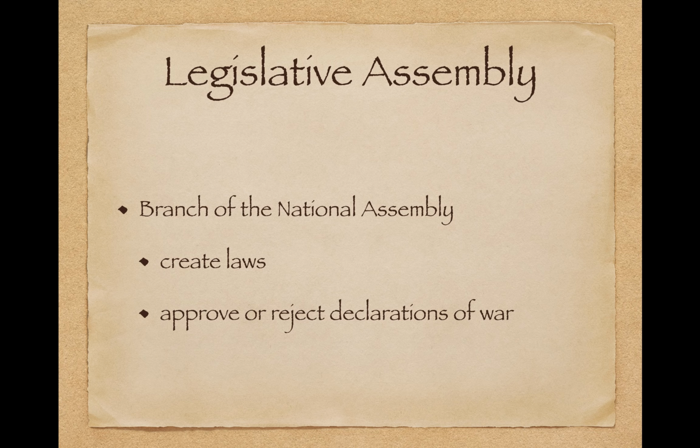They are going to create laws in France, and they are also going to approve or reject declarations of war. And that's exactly what our U.S. Congress does here in the United States. So once again, everyone, France is looking at countries like the United States for influence. They're looking at the United States for ideas. And they definitely borrow a lot of ideas from us, and a lot of the ideas from the Enlightenment philosophers and thinkers.